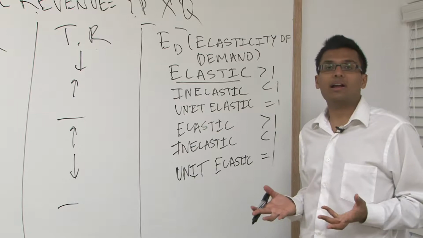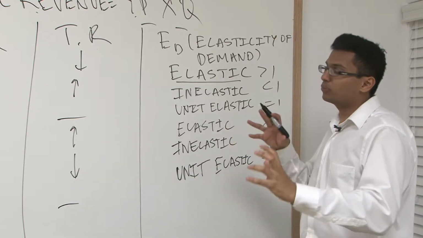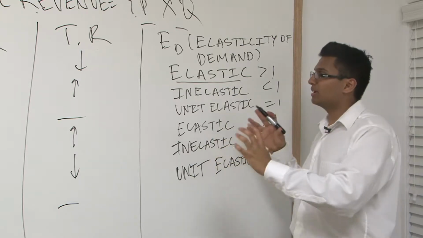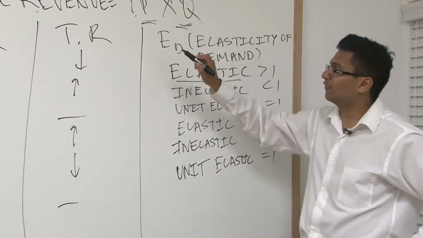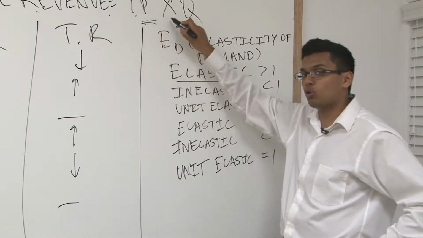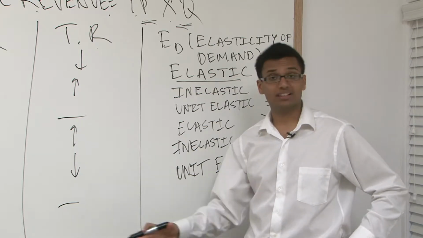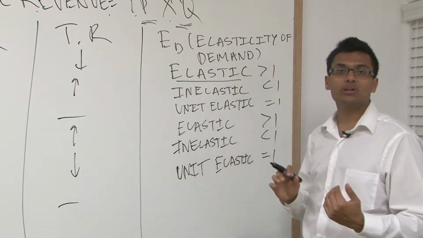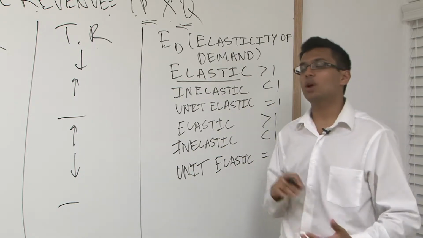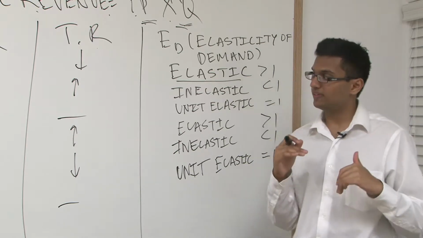So this is the basic chart, okay? This chart talks about what really dominates, right? So if my price, quantity demanded, and my TR, what it really talks about is what is the bigger effect on revenue? Is it price or quantity? And based on that, we can dictate if it's elastic, unit elastic, or inelastic, okay? And this is the chart that can kind of walk you through each of these, okay? So I hope this helps a little bit for all of you in terms of elasticity and how it affects total revenue.